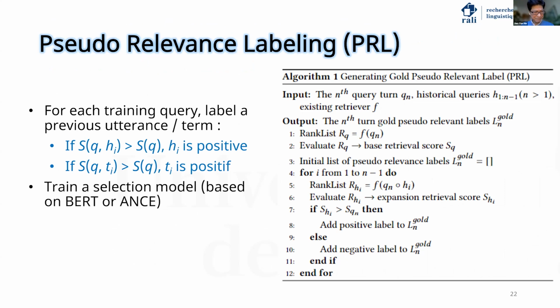In the same way, we can annotate the terms. Once we have the utterances or terms annotated in that way, we can train a selector based on BERT or any other model. For example, it is possible to fine-tune a retrieval model S to do the job.